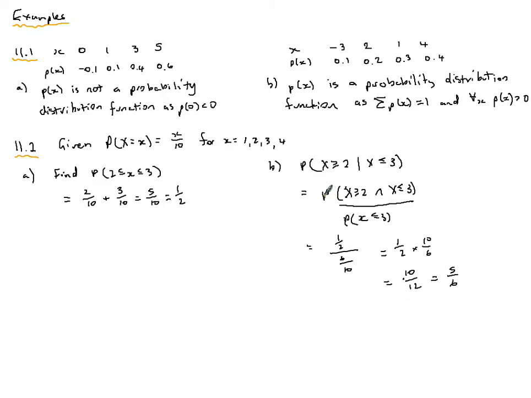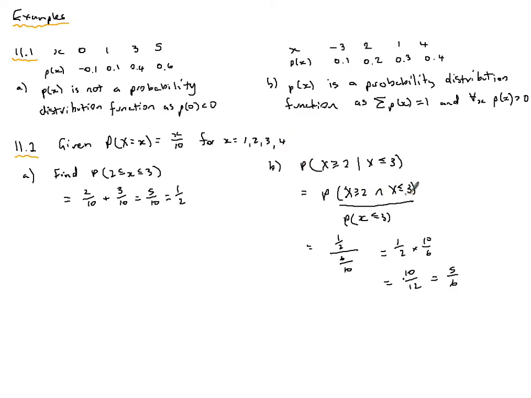So in this case we found the probability of that being a half, which is x greater than or equal to 2, which is these two here. So 2 over 10 plus 3 over 10 is 5 over 10, which is a half.